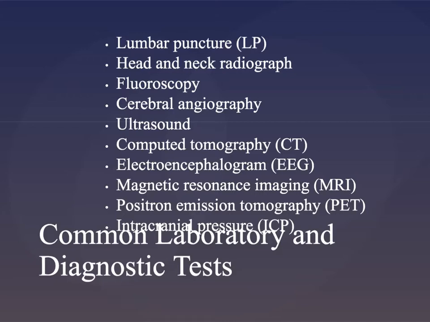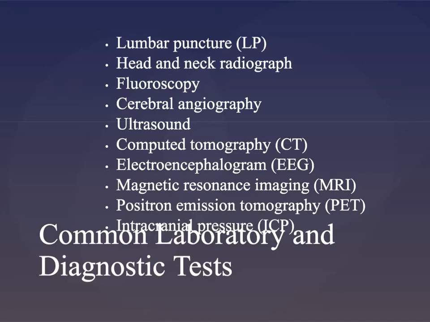Ultrasounds are used to locate the depth and structure of the soft tissues. Typically, ultrasounds are used to assess for intracranial hemorrhage, the size of the ventricles, things like that.